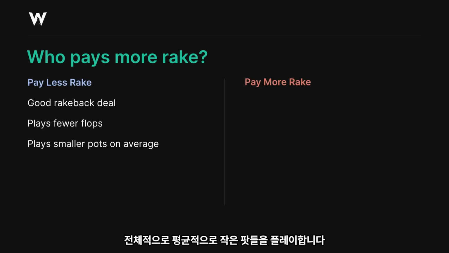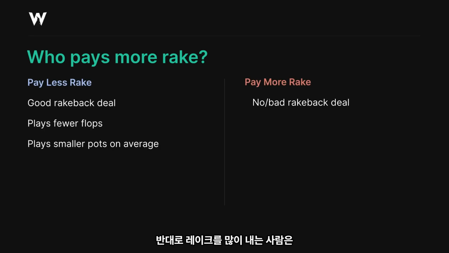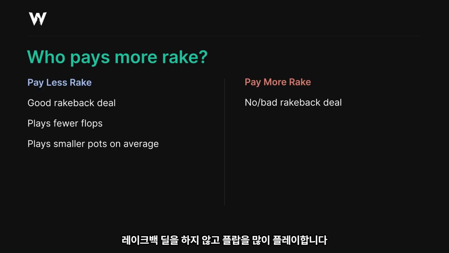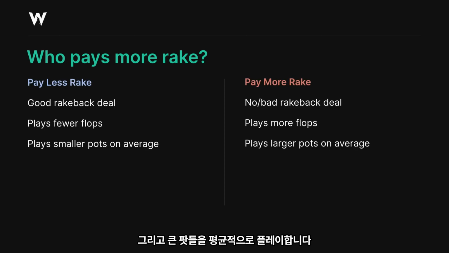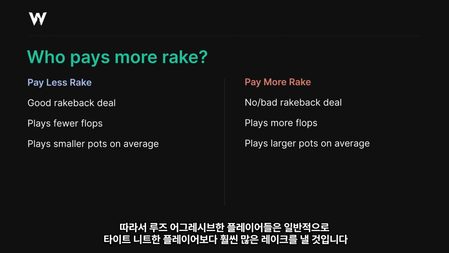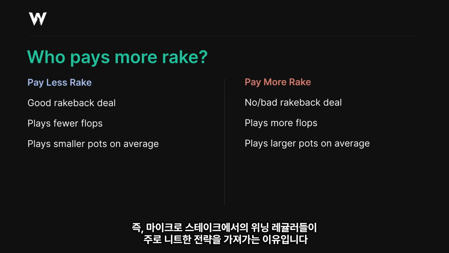That means they're putting less money into the pot overall. Conversely, players that pay more rake might have no or a bad rakeback deal. They'll generally play more flops and just play larger pots on average. So loose aggressive players generally are going to pay a lot more rake than tight nitty players, which is why a lot of the winning regs at microstakes are using a kind of nitty strategy.